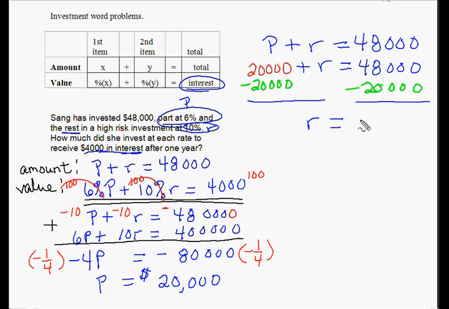So now we have that the rest of the money was $28,000.